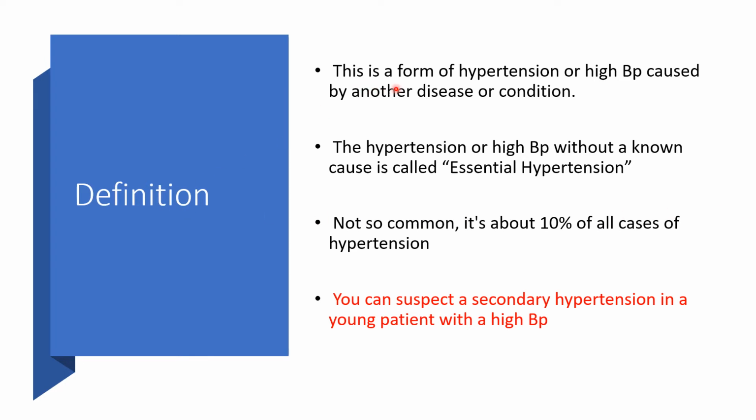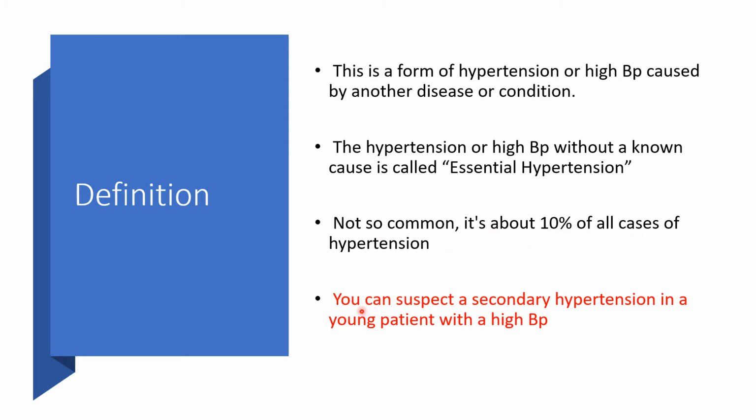By definition, this is a form of hypertension caused by another disease or another condition entirely. High blood pressure without a known cause is called essential.